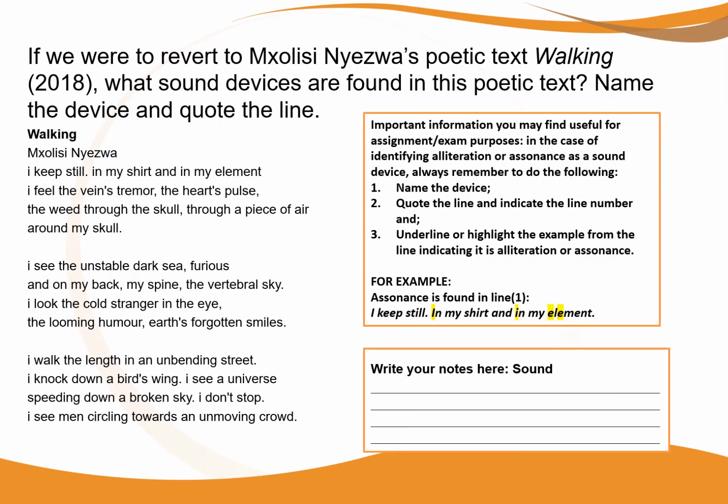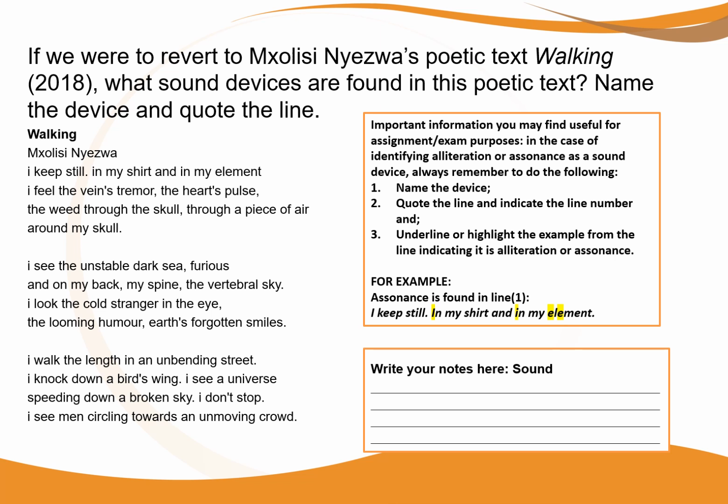If, for example, we were to refer to Nyezwa's poetic text, this is a task that I would encourage you to do in your own time. What would you say are the relevant sound devices found in the poetic text?